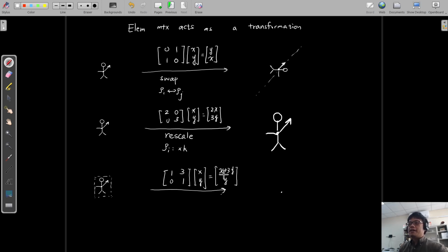Okay, this means that the y value is going to be the same, but the x value is going to change according to the y value. So what happens is, the more going up, the x will go to the right a bit more, and in the end it becomes something like this.